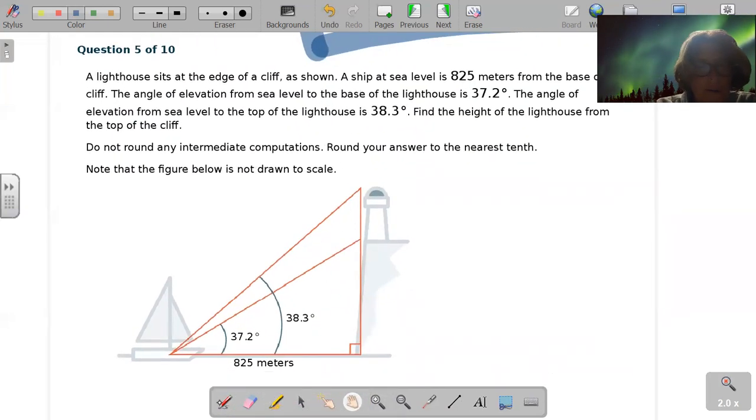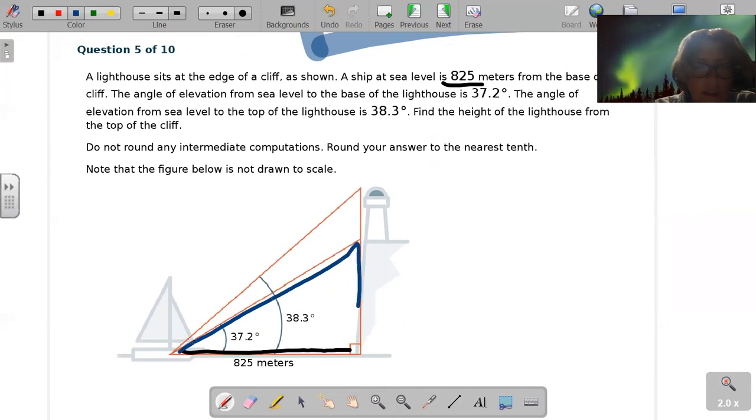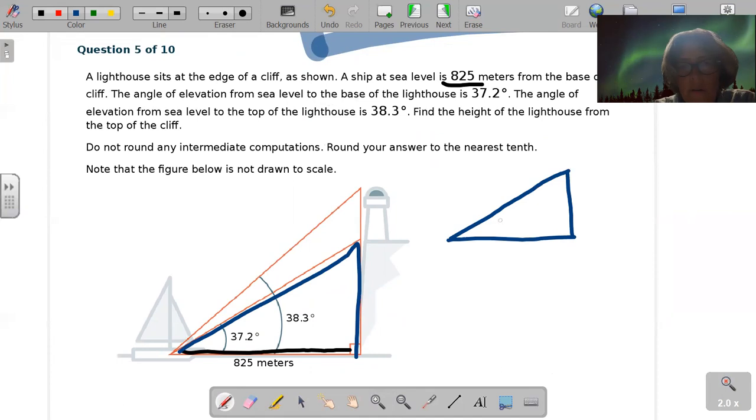Right here, we have overlapping triangles. We have a lighthouse, a ship, is 825 meters away. The angle of elevation to the base, we're going to pull these two triangles apart, is 37.2, and this is 825.